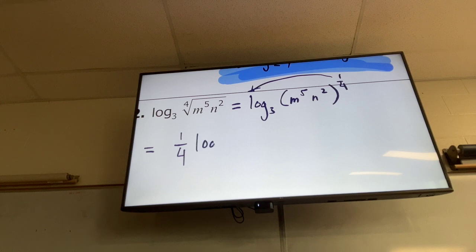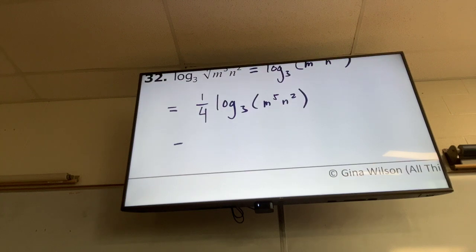We can go either way. Now what do I do? Log of n to the 5th, n squared. What's that? Yeah, split it up. Plus or minus sign in between.